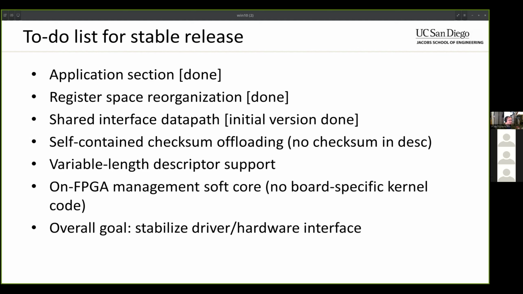I think for the CMAC, the way to go ultimately is going to be to have the Softcore handle that in a more flexible way, so that the driver can talk to the Softcore and say, hey, turn RS-FEC on, turn RS-FEC off, and then the Softcore would do the right thing.